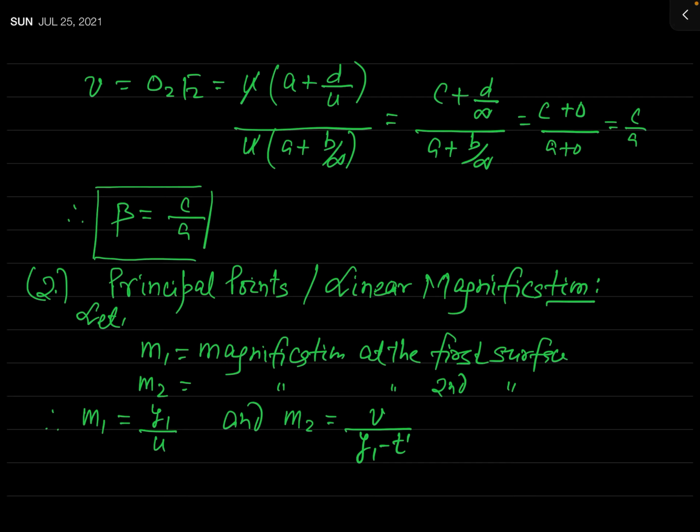Its total value is not obtained by summation, but by multiplication. So the overall magnification, if we denote it by M, will be simply equal to M1 into M2.